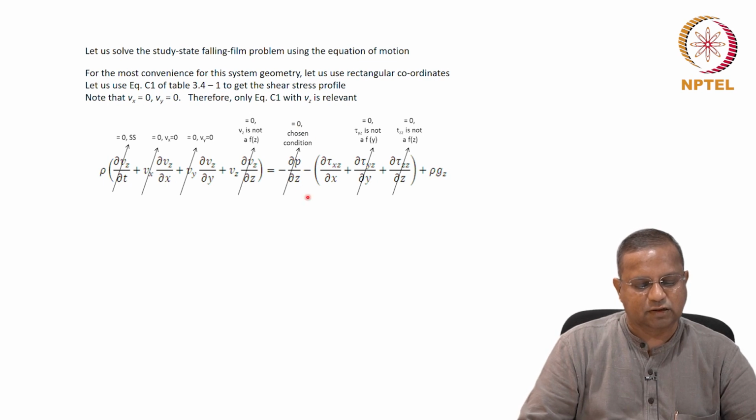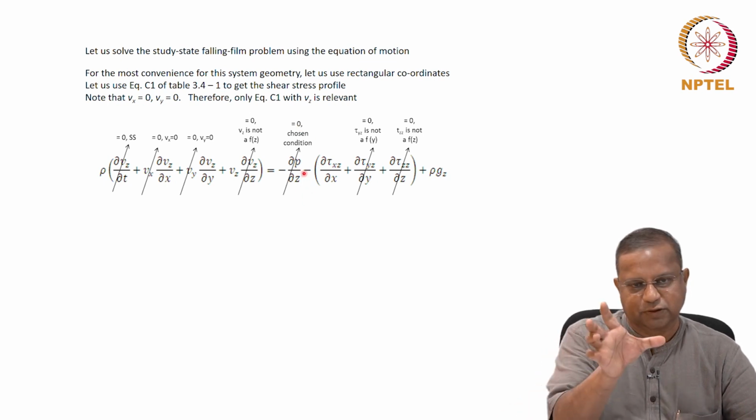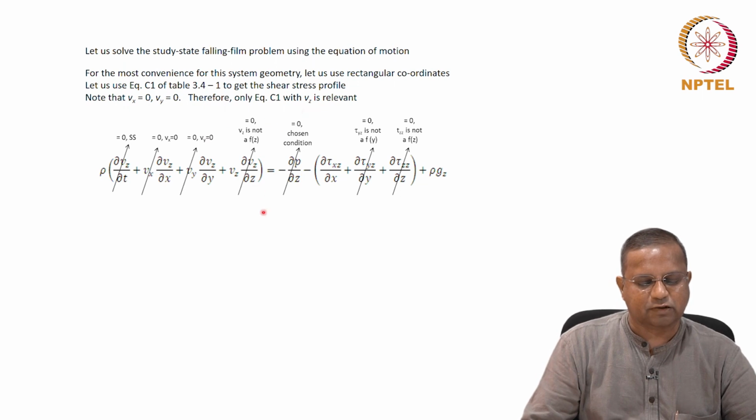This is the chosen condition that the pressure doesn't change, and therefore by that approximation this term goes to 0. This of course remains. This term goes to 0 because tau y z is not a function of y. For this I said later that you could use that here also. You look at the direction of the velocity and then look at the direction of the velocity gradient.